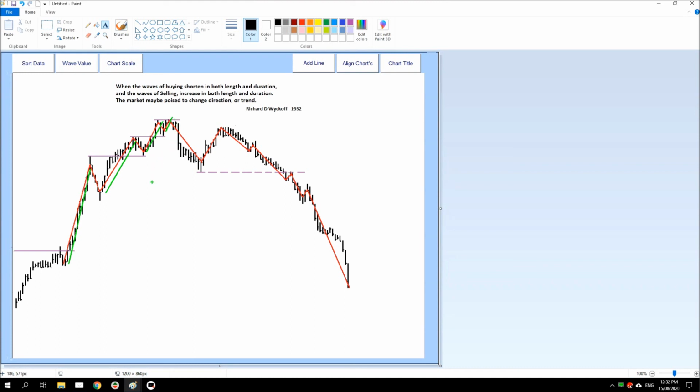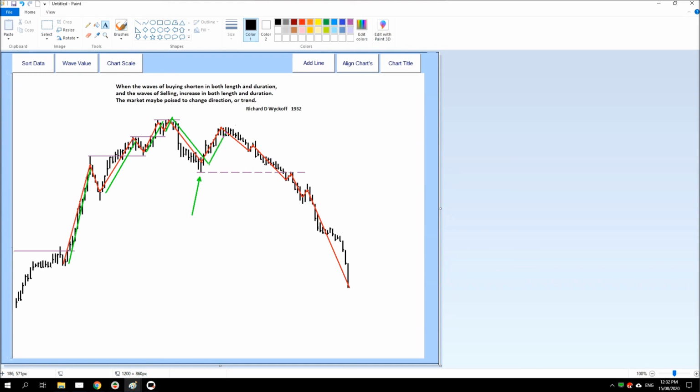The trend is getting a little tired. The first selling wave that has increased in both length and duration is your first key sign a change in behaviour might be taking place in the market.